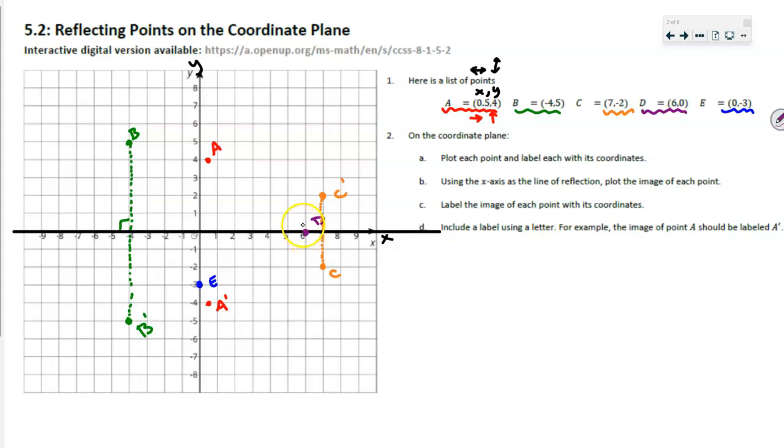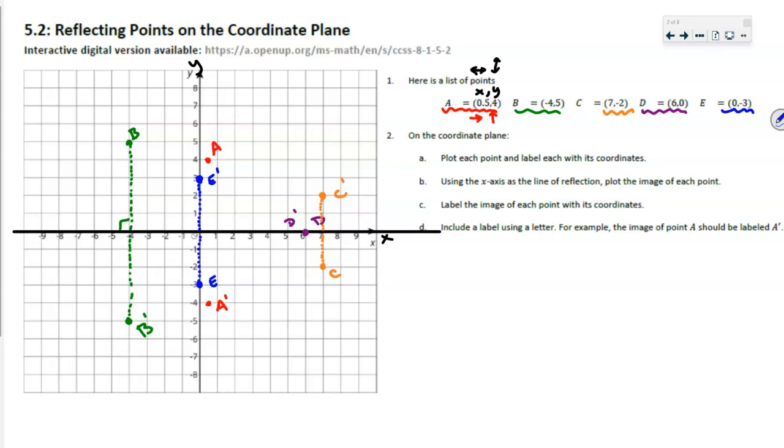If you touch the mirror, then your reflection is also still touching the mirror. So D and D prime are the same point. 0 steps away from the mirror, so 0 steps away on the other side. And E is 1, 2, 3 steps away from the mirror, so E prime is going to be 1, 2, 3 steps away on the other side.